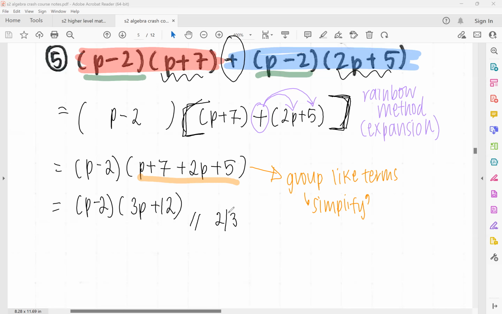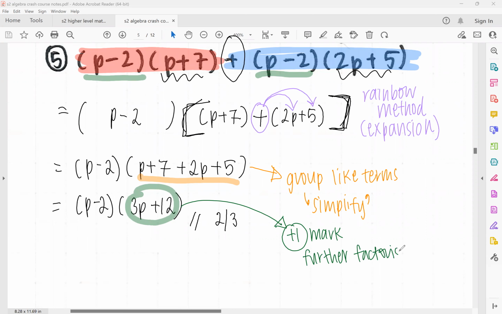Very good. Because I need to further factorize out. So to get one more mark, you need to further factorize 3p plus 12. Why? Because in 3p plus 12, there's a common factor.